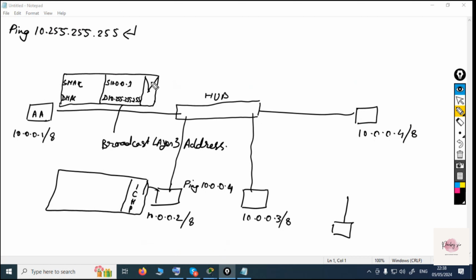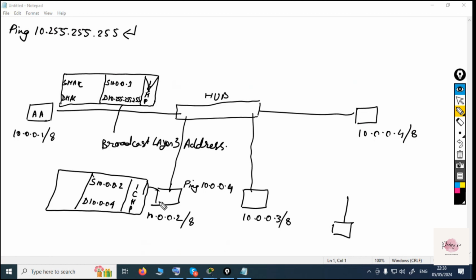Then the IP address would be attached, source 10.0.0.2 and destination 10.0.0.4.